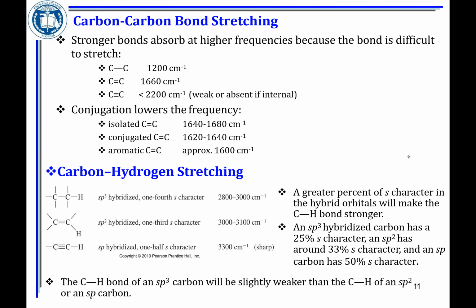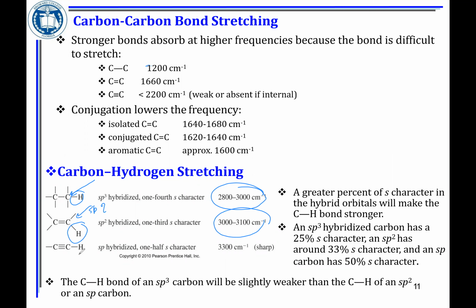Okay, so we talked about the single bond, double bond, triple bond, and now the hydrogens that are attached to those. If you have a hydrogen attached to an sp3 hybrid carbon, this is going to show a peak between 2,900 and 3,000, less than 3,000. If you have a hydrogen attached to an sp2 hybrid carbon, a carbon-carbon double bond, basically a vinylic hydrogen, it is going to show between 3,000 and 3,100.